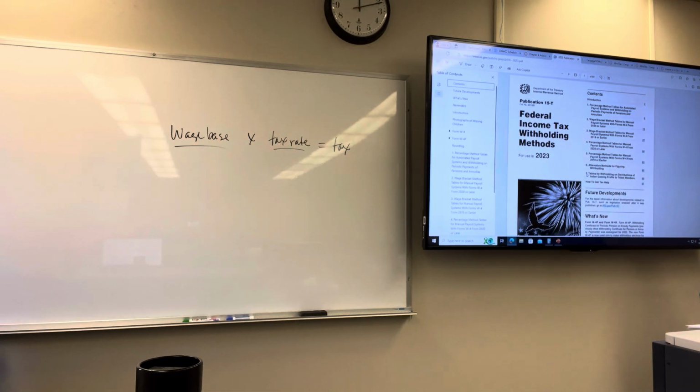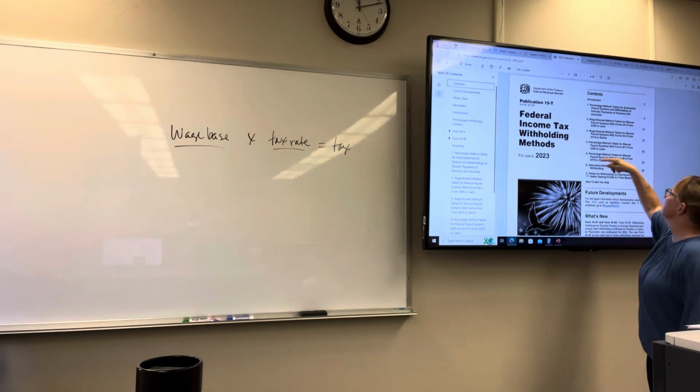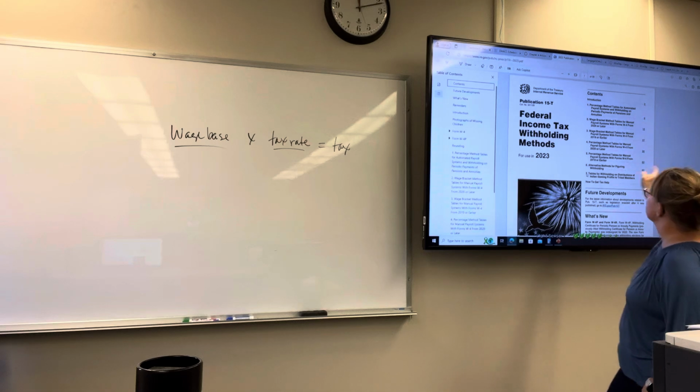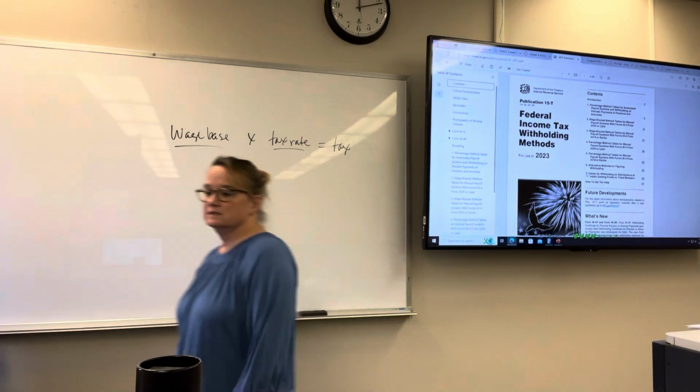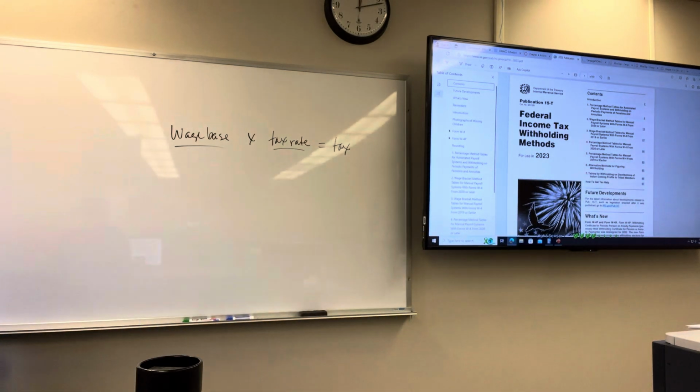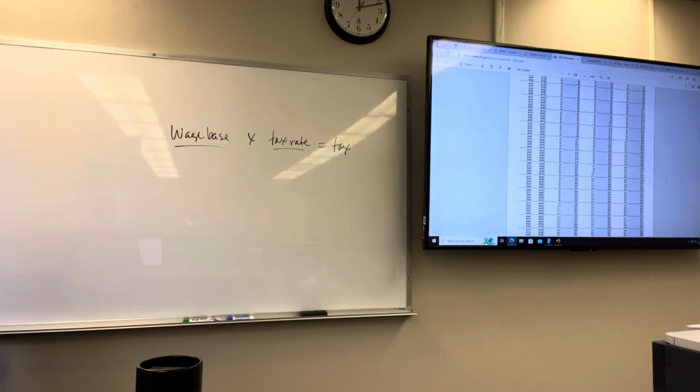And when you're doing your homework, the main ones that you're going to be using start on page 9, page 12, or page 56. So these are wage bracket methods, percentage methods, some for automated payroll systems, some for manual payroll systems, but I'll just show you. So this is a lot easier to try and pull up.